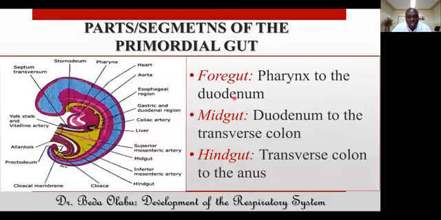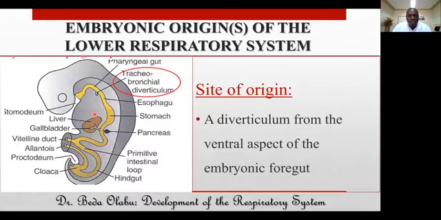The respiratory system arises from the foregut. And this diverticulum here is the diverticulum for the respiratory system. So the respiratory system arises on the ventral aspect of the embryonic foregut.